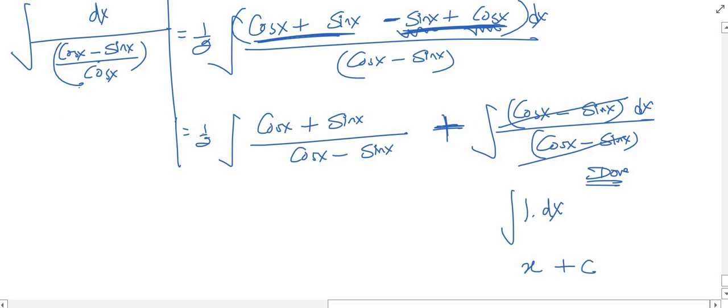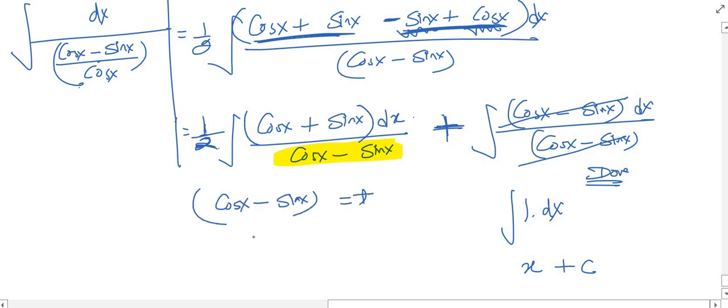The problem is here. What to do here? See carefully. We can take this as t. Can I take cos x minus sin x as t? Now differentiate. Minus of sin x minus of cos x, dx is dt. Yes or no?